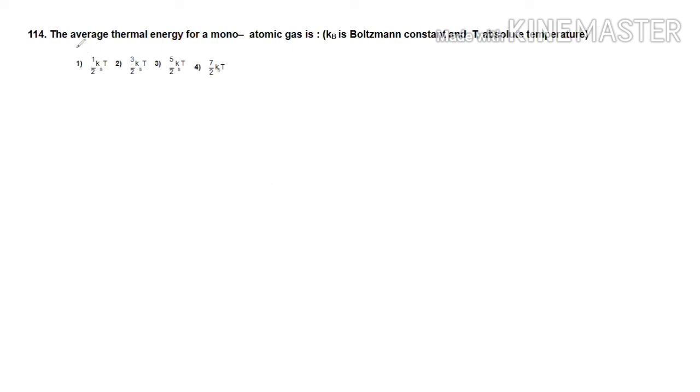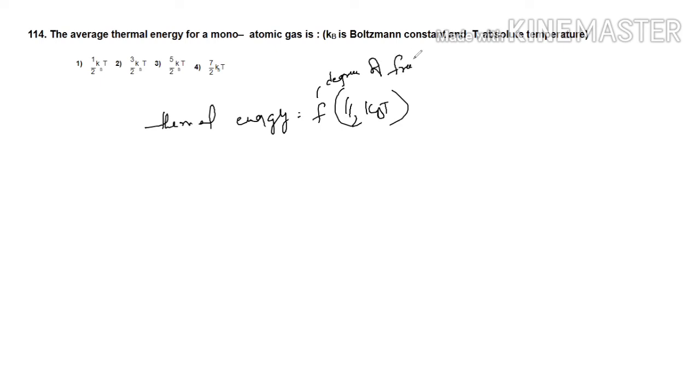See the next question: the average thermal energy for a monoatomic gas is. So for a monoatomic gas they are asking the thermal energy. So thermal energy is f into half k B T. f is nothing but the degrees of freedom here, and they are talking about a monoatomic gas.